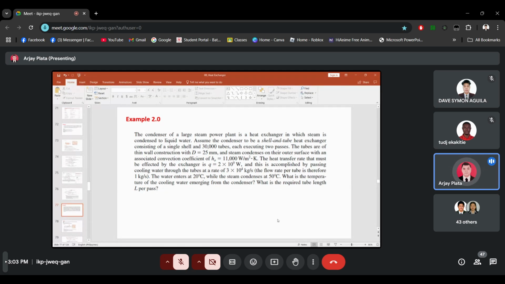Okay, so in this case, there is a very large heat exchanger, which is a condenser. How did I say that it is very large? Because the number of tubes is 30,000. Yeah, 30,000 tubes is too much, so it's a big heat exchanger.